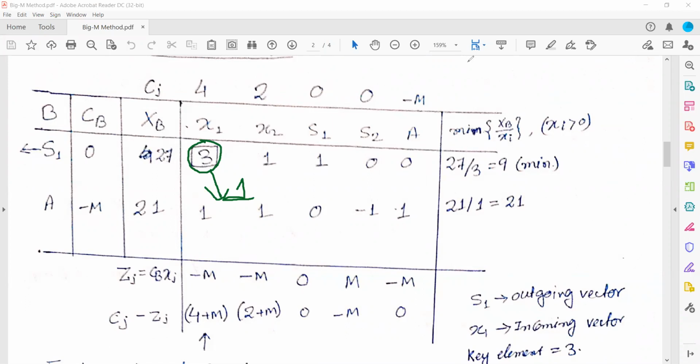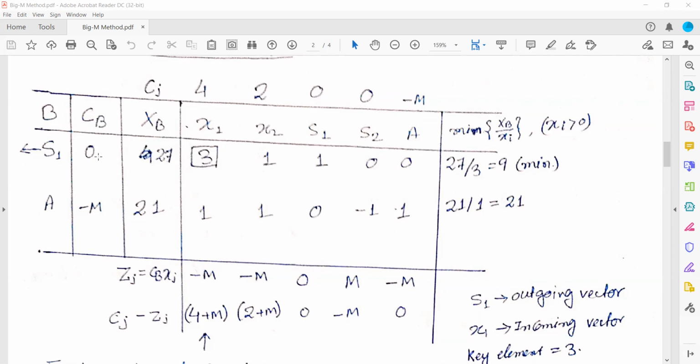Okay, so let's see here. In the next simplex table, in place of S1, X1 will come. And in CB, what change will we get? What is the coefficient of X1 in the objective function? That is 4.